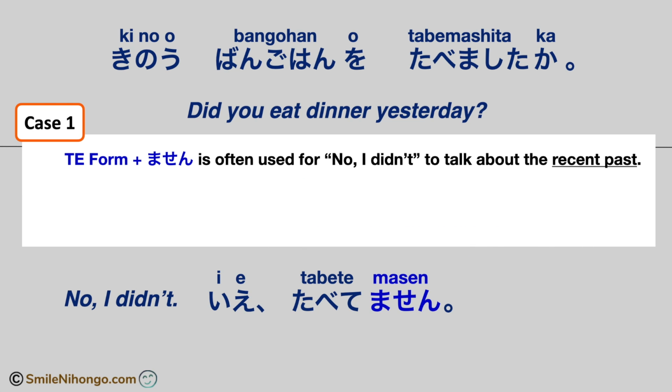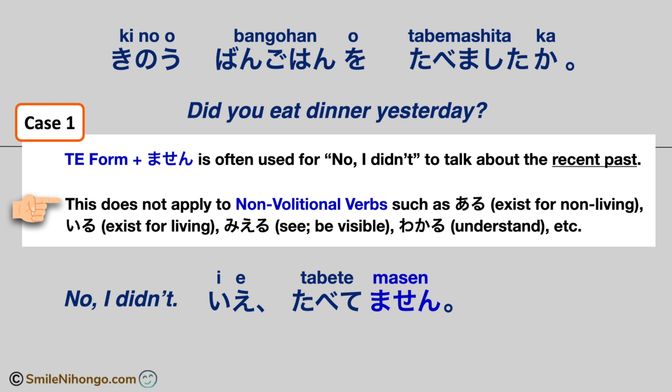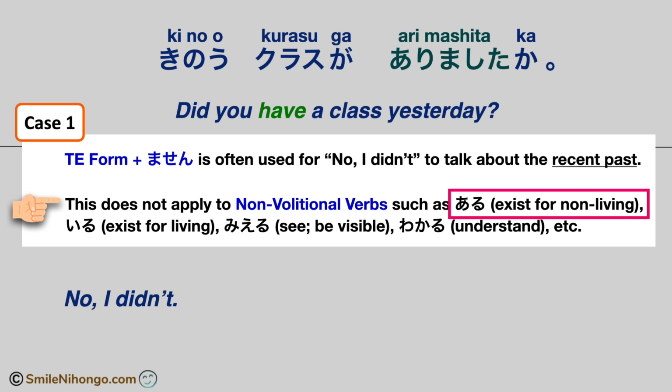And this tendency about the recent past does not apply to non-volitional verbs. Non-volitional verbs are such verbs as ある、いる、見える、わかる, which happen without your will or intention. So in the case of ある, exist, for instance, let's say someone asks you if you had a class yesterday.